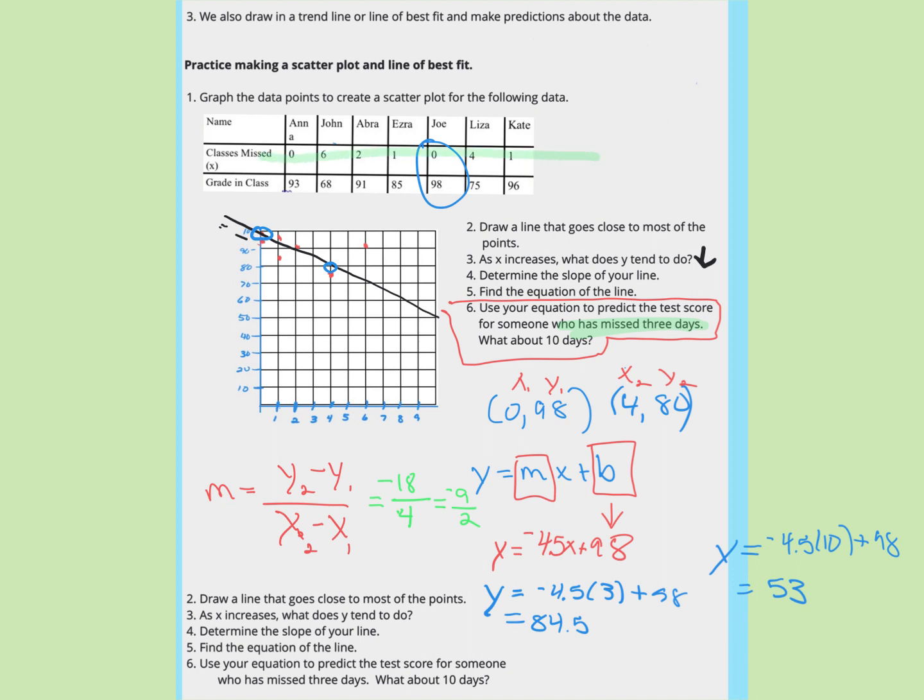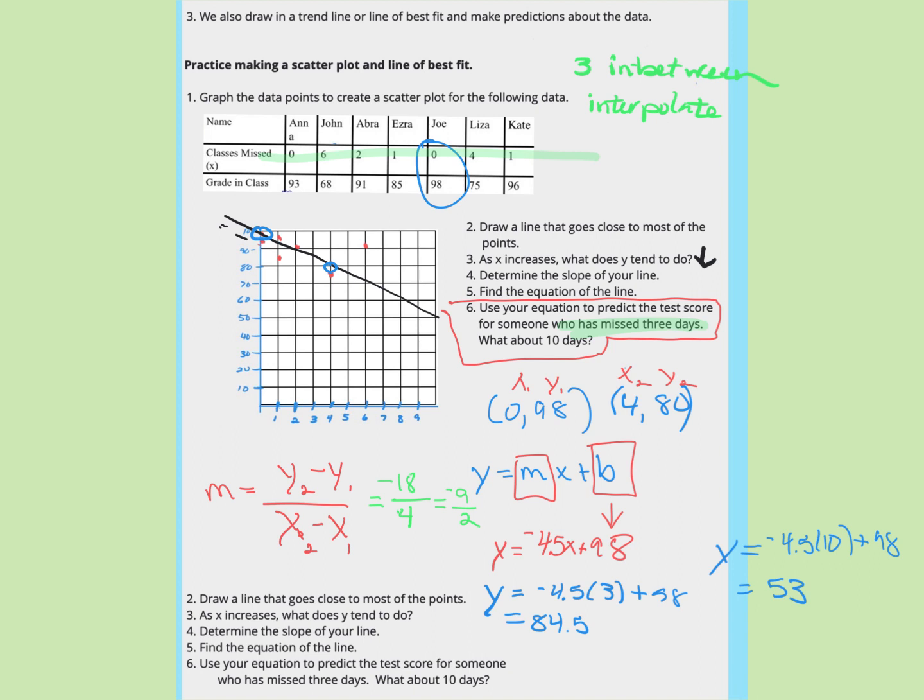Because 3 was in between the data values we were looking at, we call this approximation interpolation. We interpolated the values.